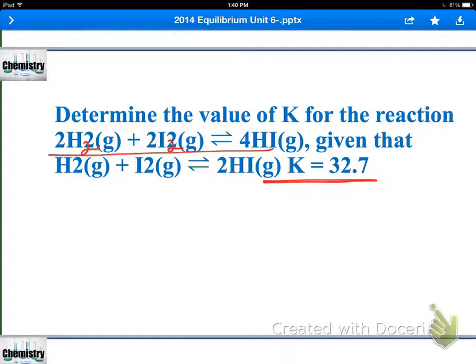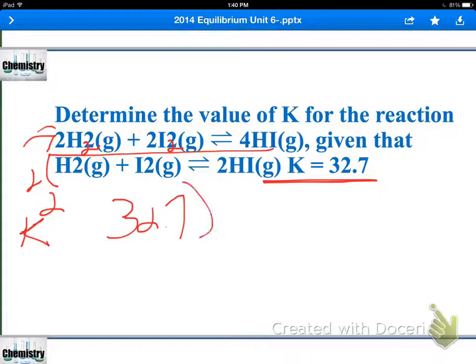Okay, so hopefully you got that. What I am doing here is, if I double H2, I2, 2HI, I get this. So what we said was if I double an equation, it's going to be K squared, so it's going to be 32.7 squared. And if I do that, I get 1070 from a significant figures standpoint.